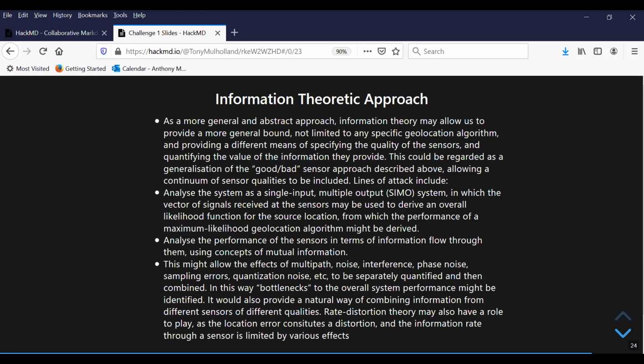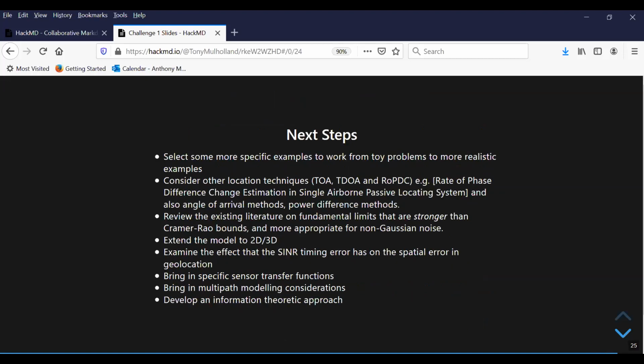And it also enables us to think about combining information from different sensors of different qualities. We also mentioned rate distortion theory, which may also have a role. Next slide, and I think I hand back to Tony.